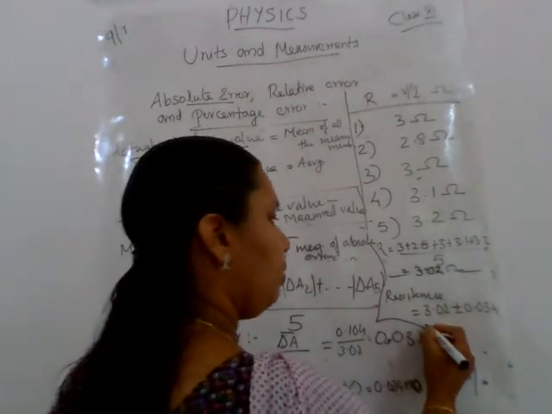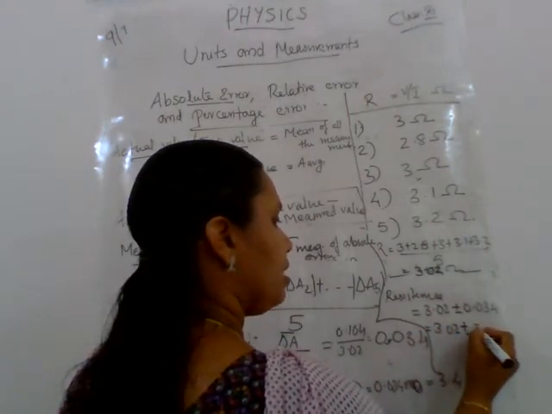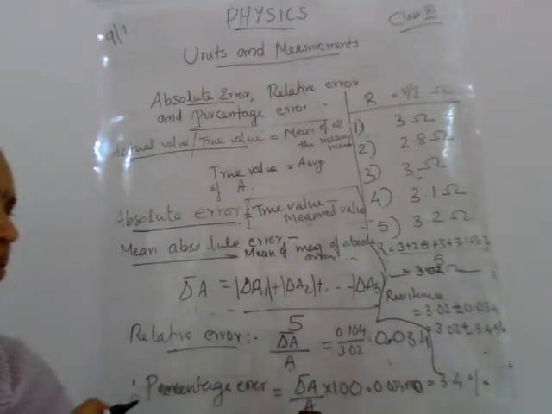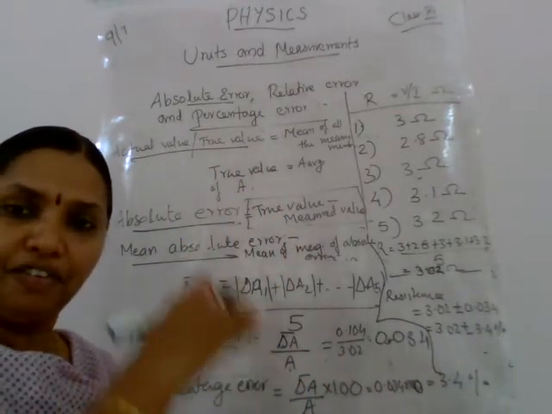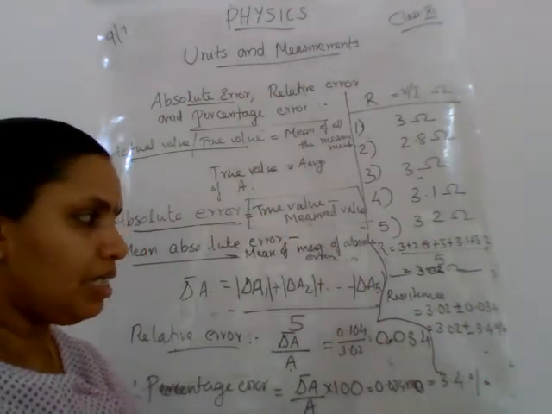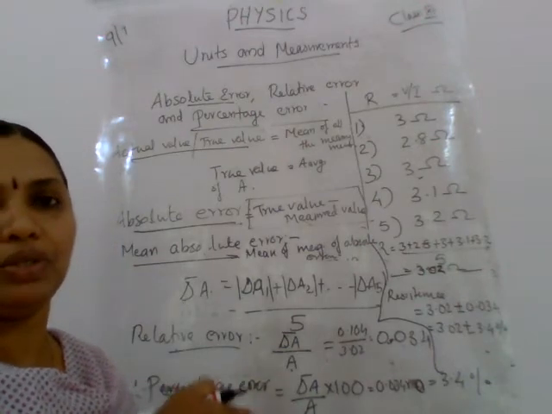And in percentage, we can write 3.02 plus or minus 3.4 percentage. From this value there is a difference, plus or minus, of 3.4 percentage from the true value.